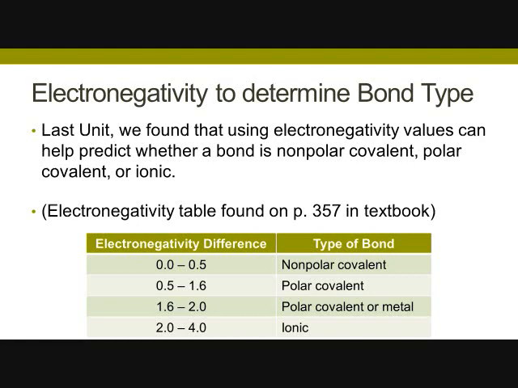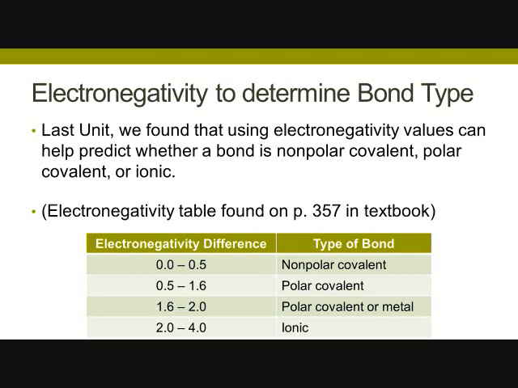Okay, we talked about electronegativity last chapter. Electronegativity values can help us predict whether a bond is nonpolar covalent, polar covalent, or ionic. The table can be found in your textbook on page 357. I think I pretty much have that number memorized now. We scribbled these down because these weren't actually in your notes, but you wrote these down last unit.